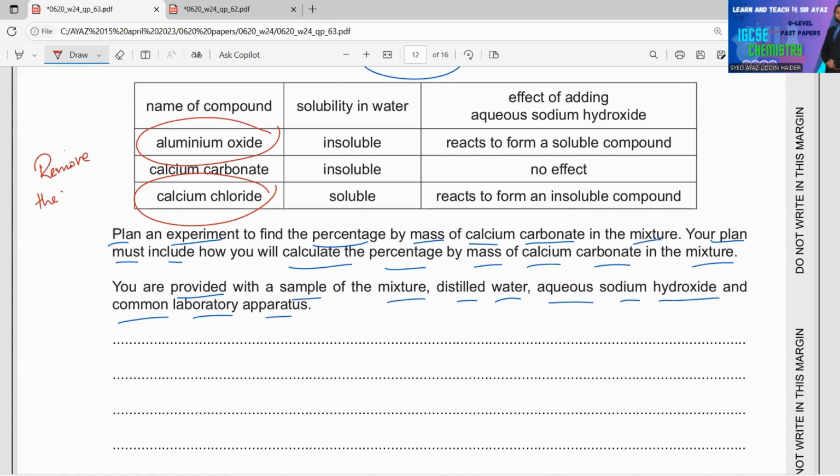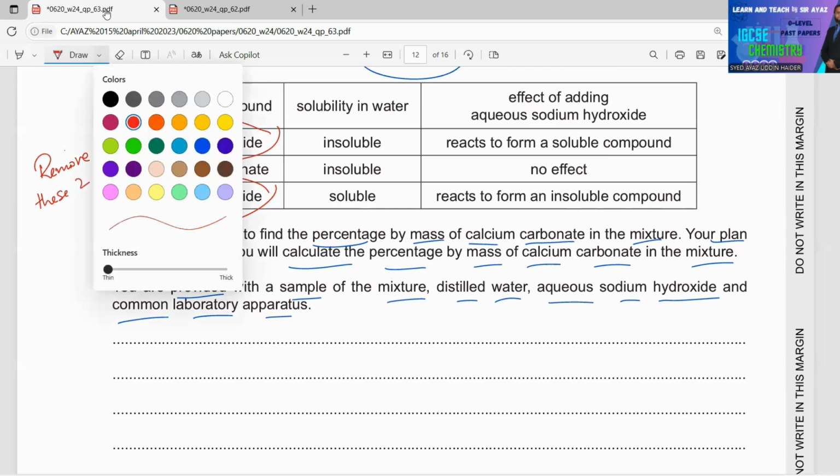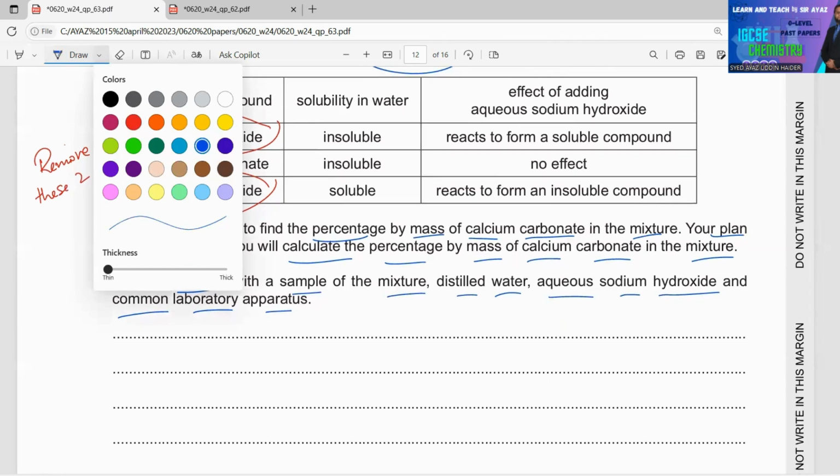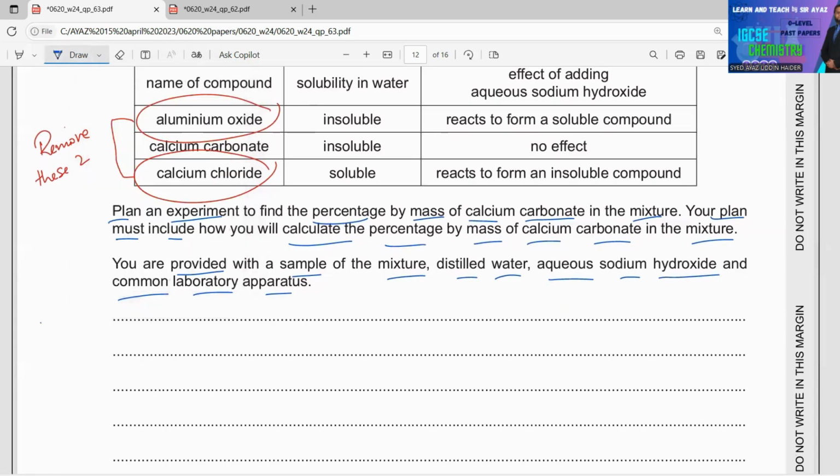So first of all, the first step, you have to weigh or find the mass of solid mixture. It's very important because then you will be able to find the percentage by mass of calcium carbonate in the end.